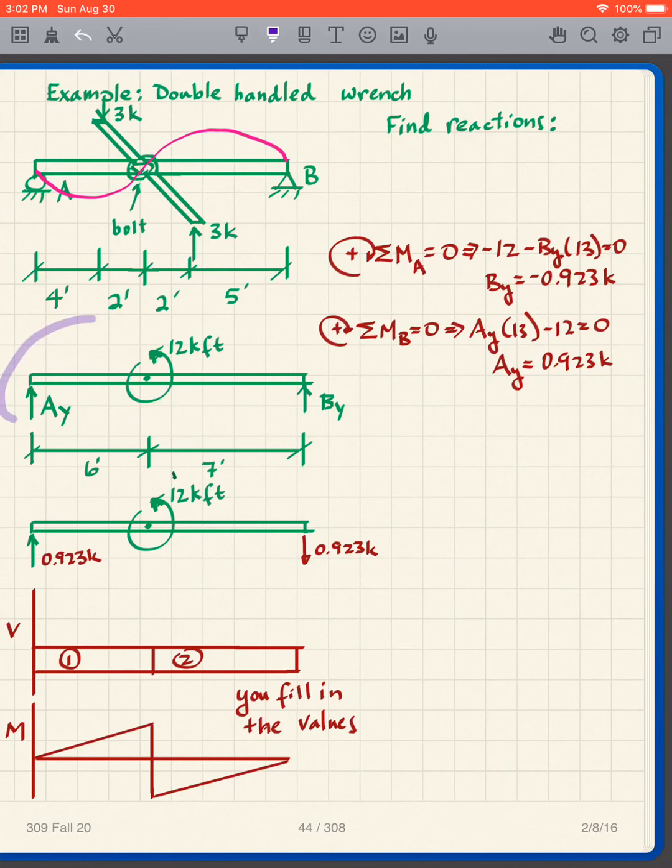And now I have this free body diagram. I can use this free body diagram to come up with my reactions. I get these reactions here. Once I have that, then we've done this problem before. I go up 0.923, over, down, get my areas, area 1, area 2, and you can do this problem with the numbers.